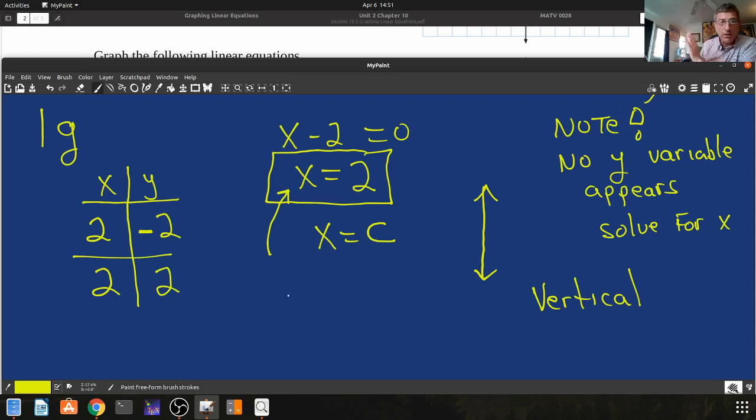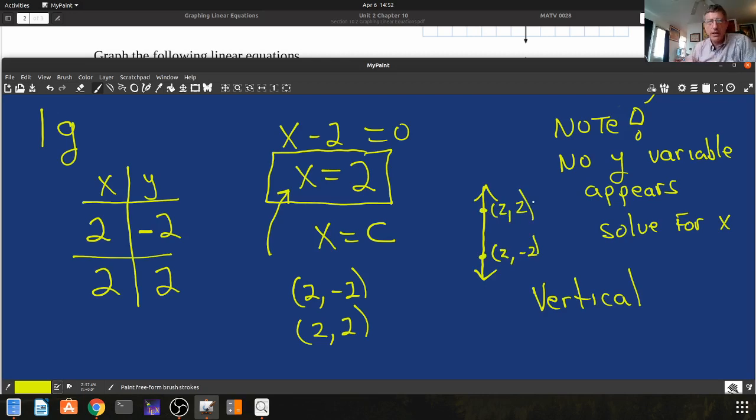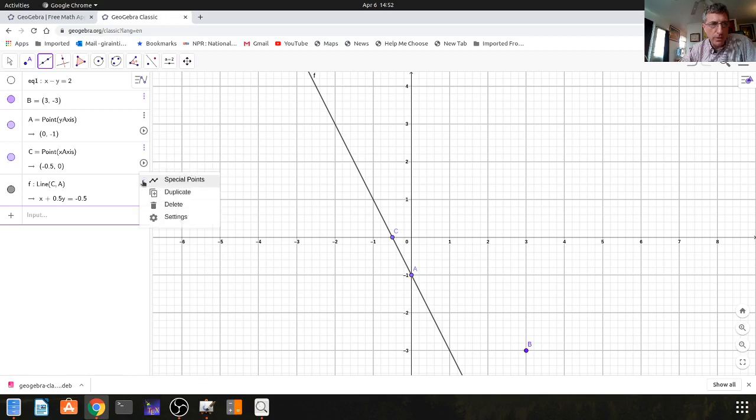Anything at all. So that means I have 2 points, 2 and minus 2, 2 and 2, and these points are going to lie on the line. That would be 2 and minus 2, for example. This would be 2 and plus 2. But let's go ahead and graph them so you will believe me. So we have 2 and minus 2.